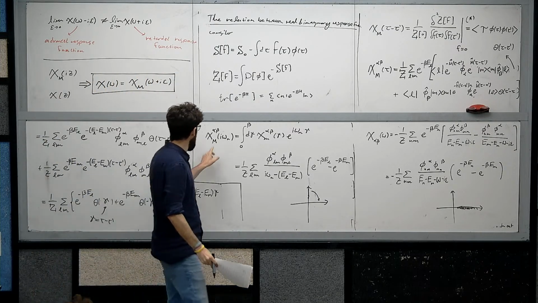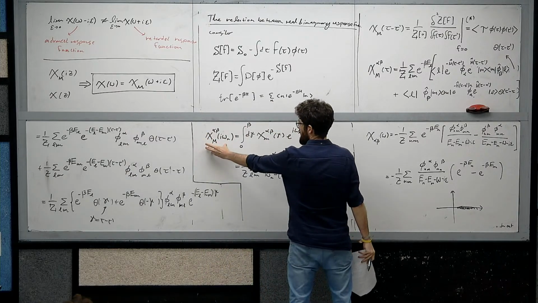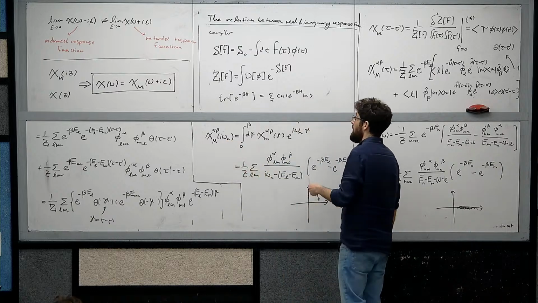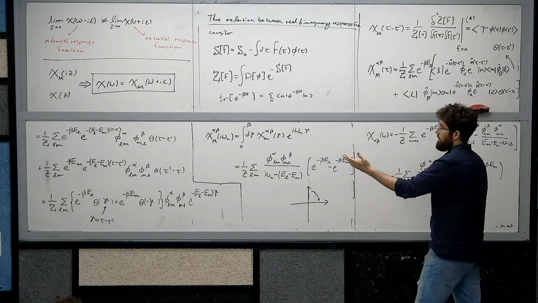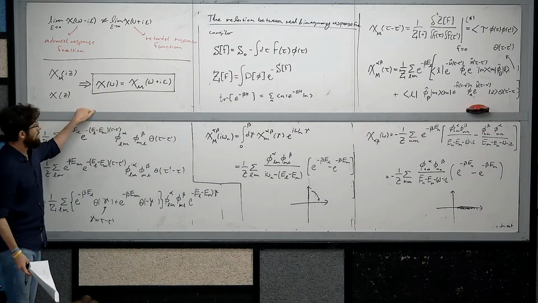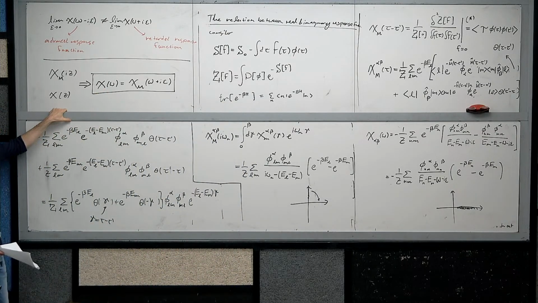So if you compute in Matsubara space a function of i omega, you can just analytically continue it to get the response function. This is the key result. This is what I wanted to prove.